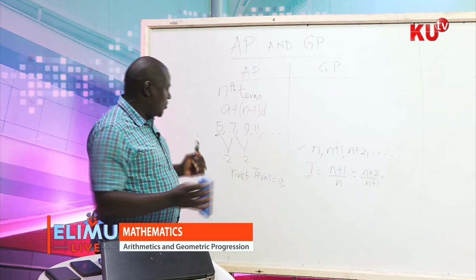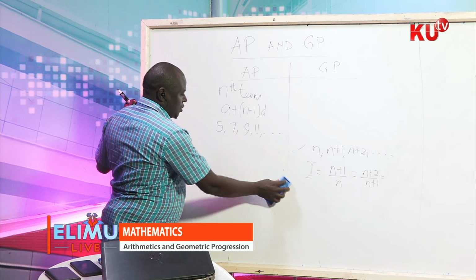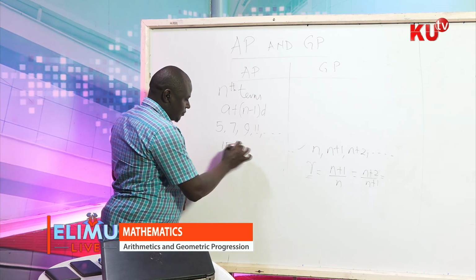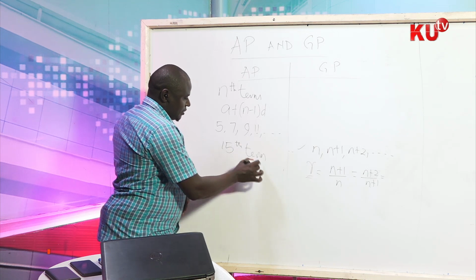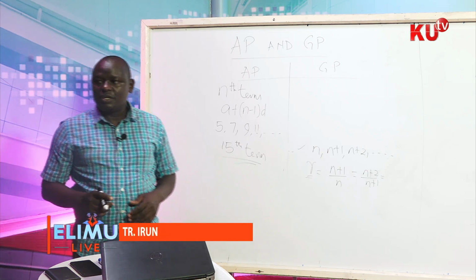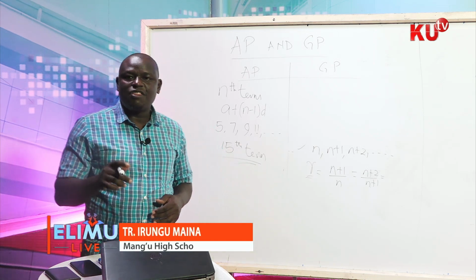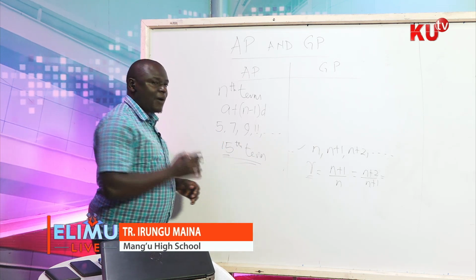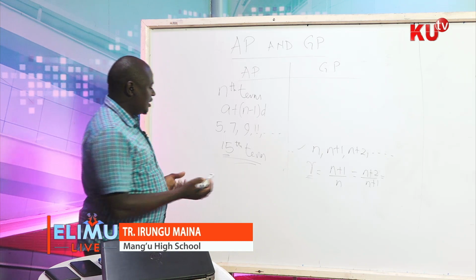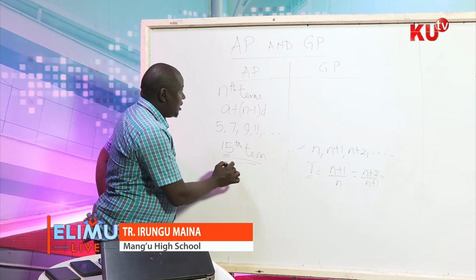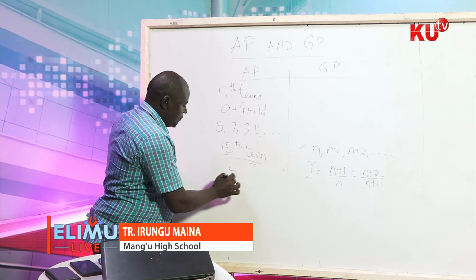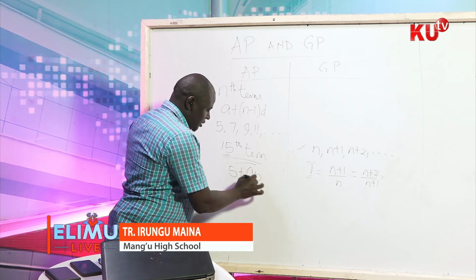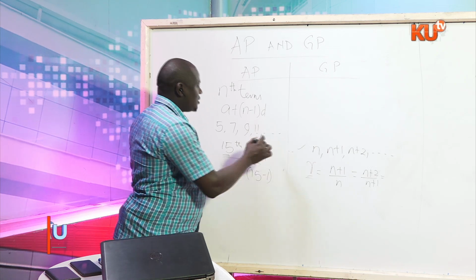Suppose the examiner wants us to get the 15th term. How do we go about it? It simply means that our n is 15. In that case, my A is 5 plus n minus 1, 15 minus 1 into bracket.